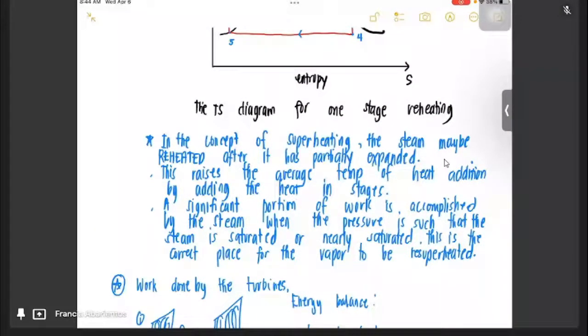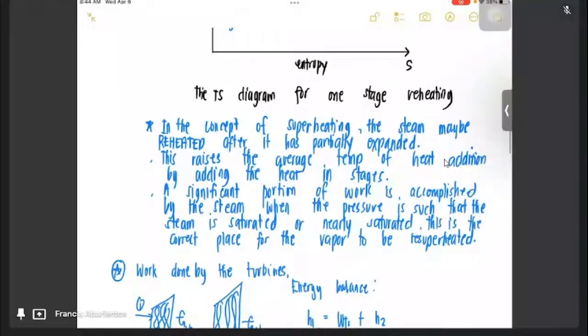So the concept of reheating, the steam may be reheated after it has partially expanded. So bakit ginagawa to? Para yung efficiency natin mas malaki compared sa Rankine cycle. In Rankine cycle, we always compute our efficiency ranging from 20 to 30 plus percent. Okay.